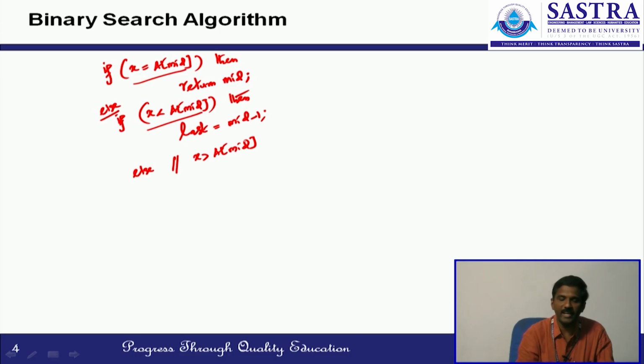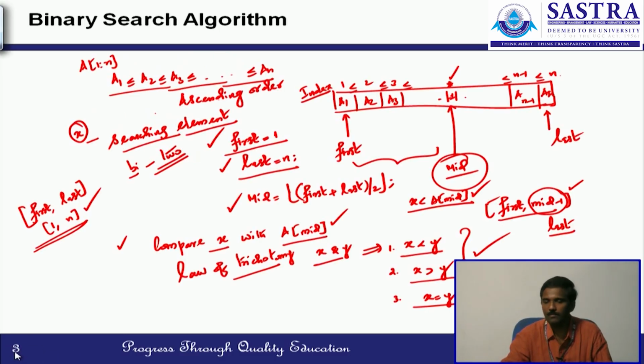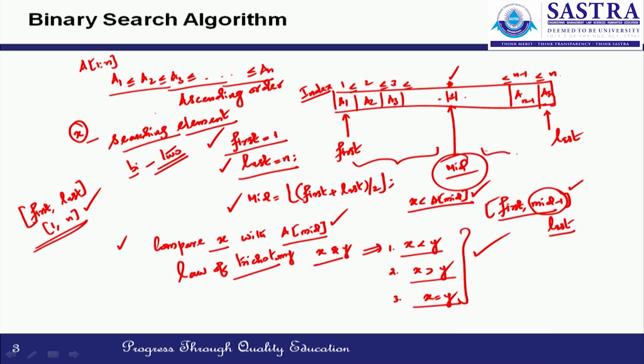When x is greater than A of mid, what is the meaning? This is the range to be explored. X is not equal to A of mid, x is not less than A of mid, so ultimately x should be greater than A of mid, because the first two possibilities fail and the third holds.